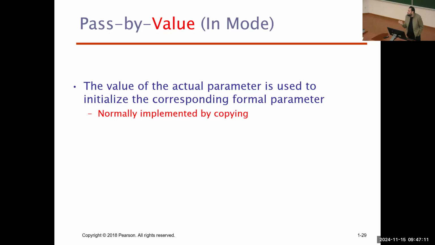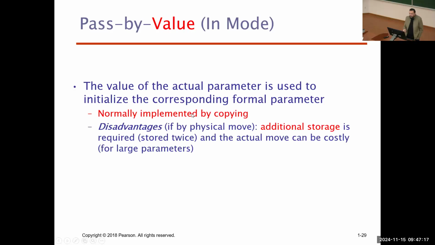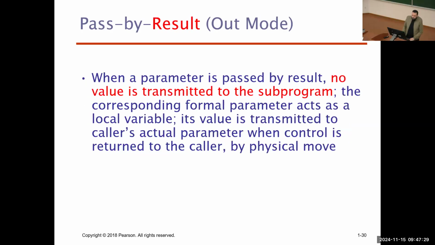What you always need to remember is that pass by value is normally implemented by copying. The disadvantage of this is what? Additional storage. We've talked about this so many times. Because it's copying, I need to book new memory in the local scope for it. At this point, it's obvious for us. What about pass by result?